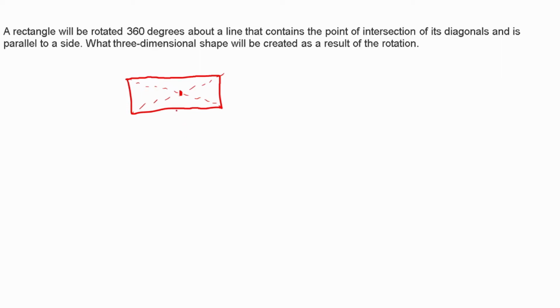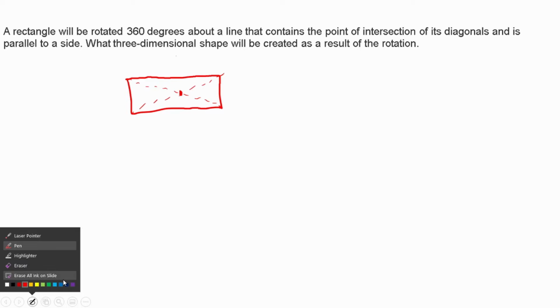Now it says that this line is the intersection of diagonals that's parallel to the sides, right? So what does that mean? Let me draw the line in a different color.